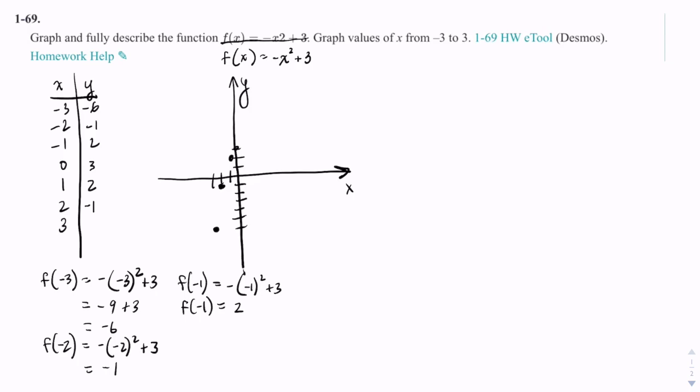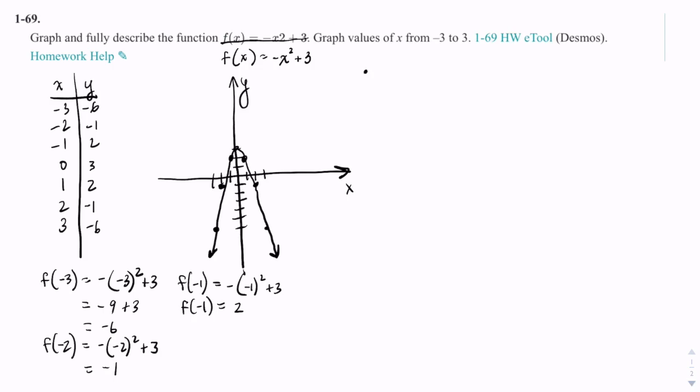And if I put a 3 in, I'm going to get -6. So 1 is here, 2 is here, and 3 is down here. And we can see that the shape of this is a parabola. It opens down.